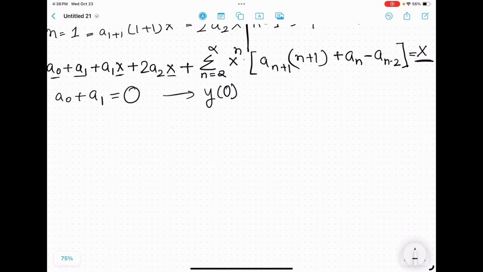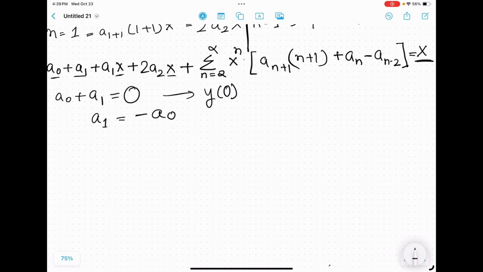And since I'm not given any initial condition values in this entire exercise of 4.1, I'll always treat my a sub 0 as an arbitrary number that cannot be determined with what we have. So if that is the case, then I can isolate my a sub 1, which is basically negative a sub 0.